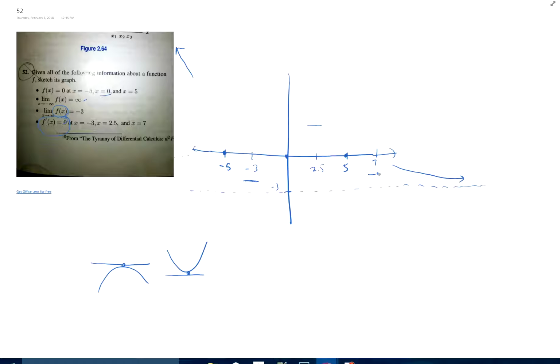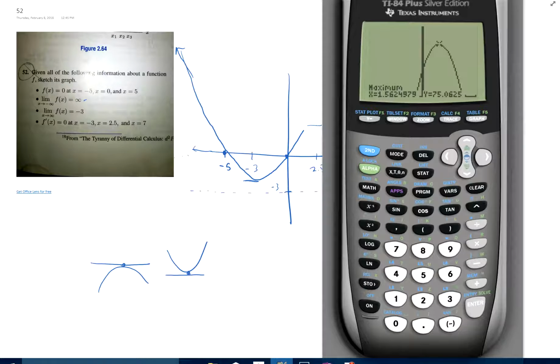So we have to figure out how to put all this together, and there's lots of ways to do this. One possible way, and it doesn't mean there can't be more horizontal tangents, is to look at it like this. What if it came down here, hit that, and came up? That takes care of that guy, right?